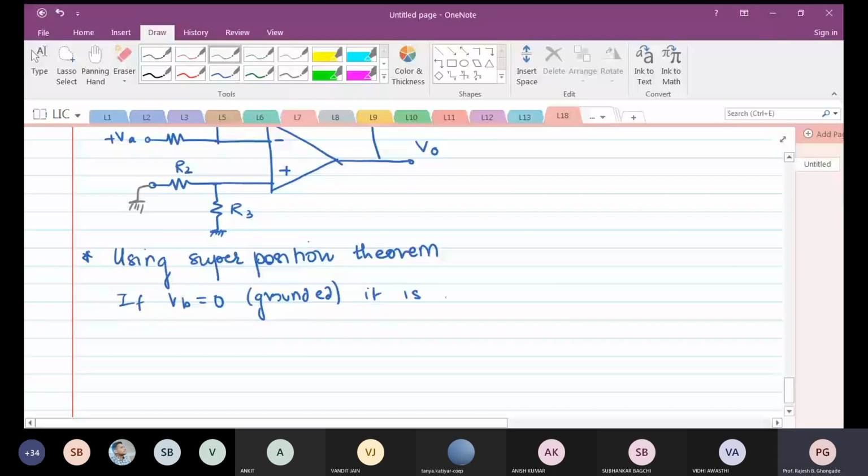Guys, please respond. Which is this amplifier? This part is grounded. What is this amplifier? The very first amplifier that we have seen. Which one is it? Guys, please respond.